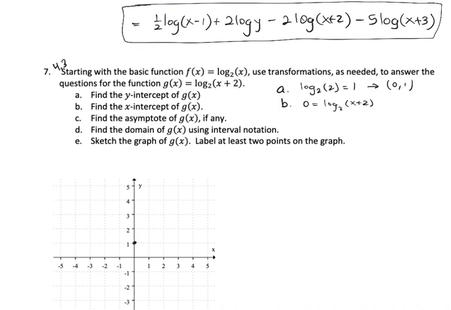You do that using a base, so I'm going to use a base of 2. 2 to the 0 power is 1. So this 2 to the 0 becomes 1. 2 to the log base 2, those cancel each other out, so you're just left with x plus 2. Subtract 2 on both sides, and x equals negative 1. So it's negative 1, 0.